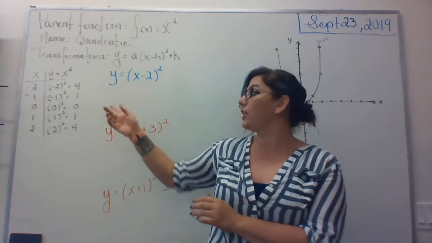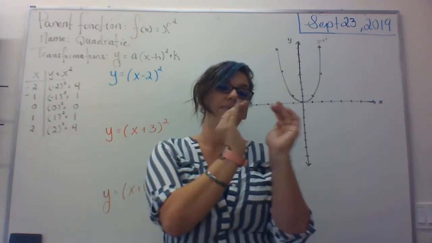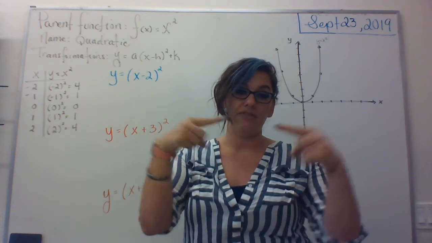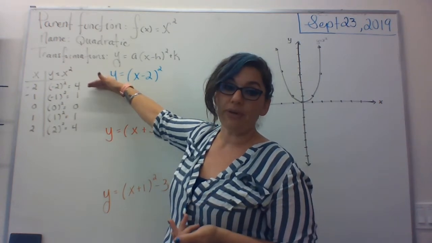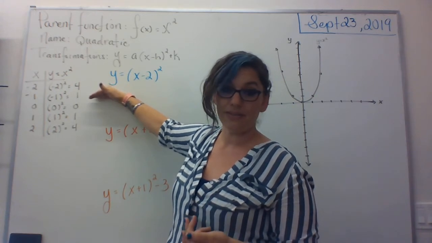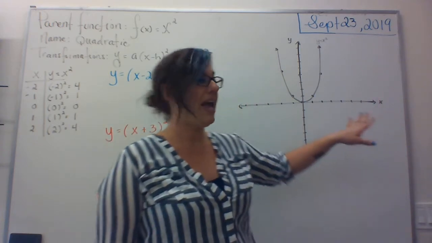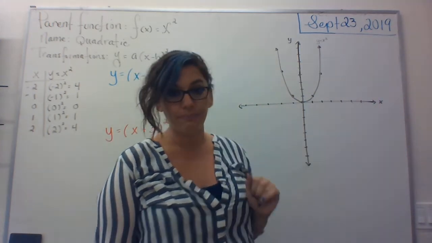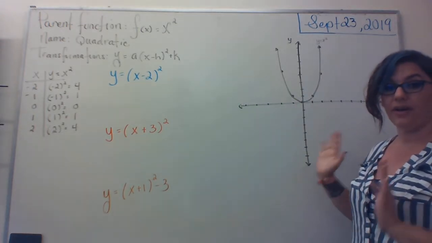This way, when you include the parentheses, you're saying negative 2 times negative 2, and the two negatives will give you your positive. So negative 2 squared gets me 4, negative 1 squared gets me 1, 0 squared gets me 0, 1 squared gets me 1, and 2 squared gets me 4. And I went ahead and plotted those points up here for you. If you want a chance to get this down, please feel free to pause the video and copy it all down.